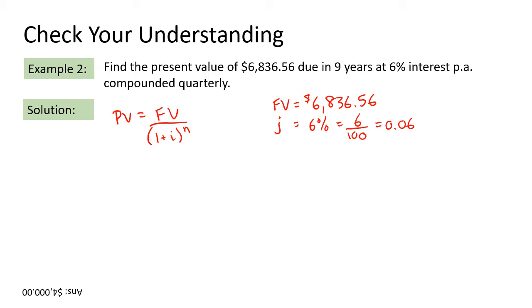I also know my number of compounding periods per year, M, because it was given that it's compounded quarterly. If you remember, quarterly means every 3 months, so our number of compounding periods per year is 4. So next, our next term, you can kind of see where this is going.